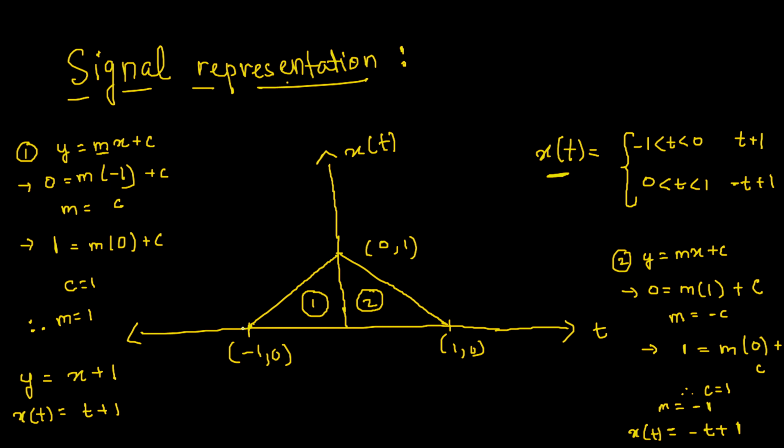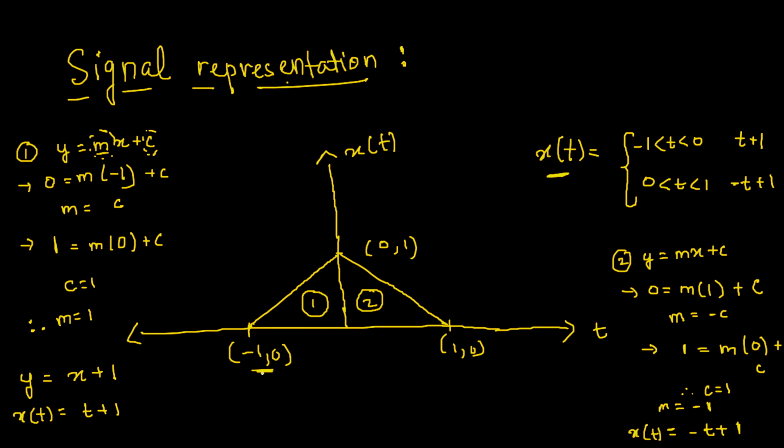So here, to find out the actual function of this graph, we take the points which we already know for y and x. And since we know two different points for y and x, we'll get two equations of y is equal to mx plus c. And using those two equations, we can find the constants which are m and c.